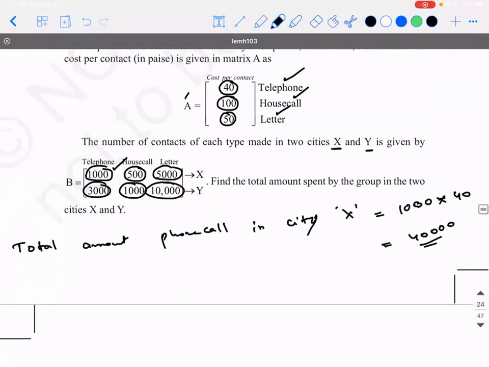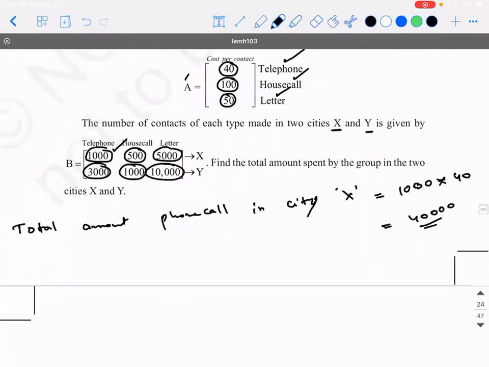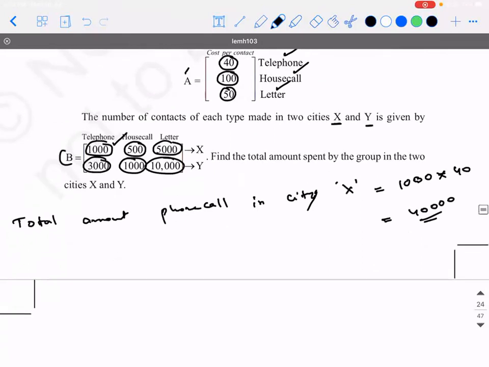So instead of doing this, what are we supposed to do? So number of contacts multiplied with the amount for each marketing method is going to give you the total amount. So if you observe, this has 2 rows and 3 columns.